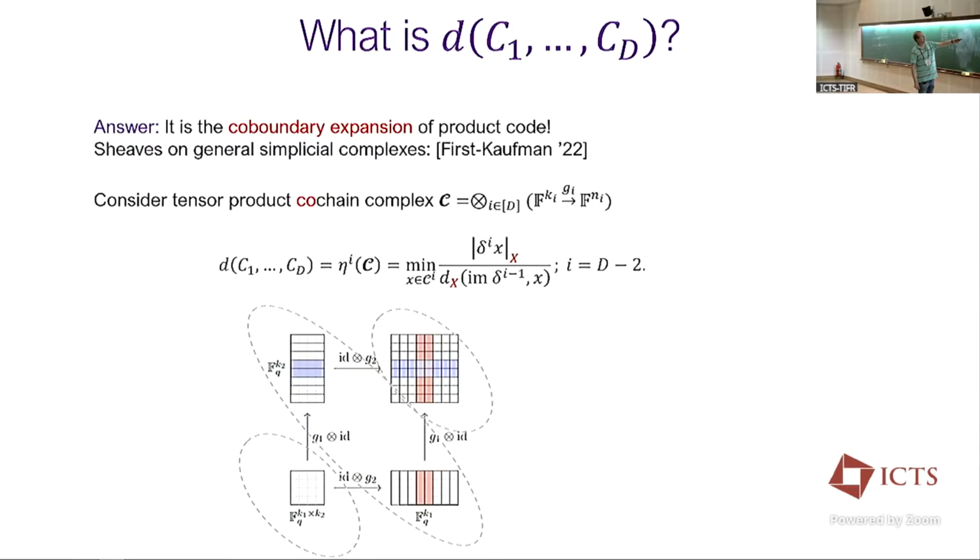We consider this complex, and we introduce a new norm. When you define co-boundary expansion, you can use some norm on chains. But here our norm involves what we call the block Hamming norm. We just count the number of non-zero blocks, and to this complex we introduce this particular norm.